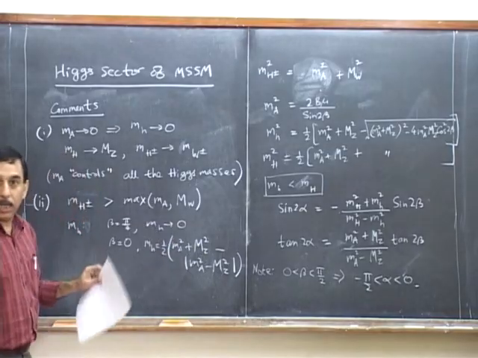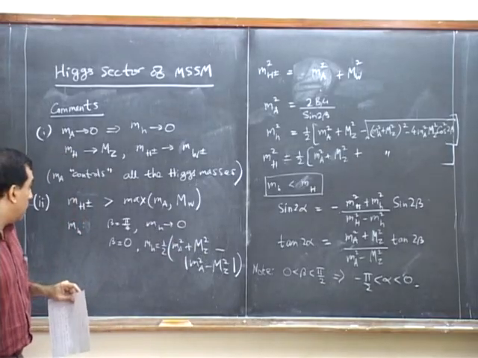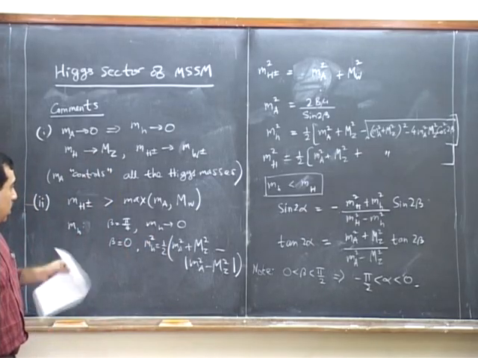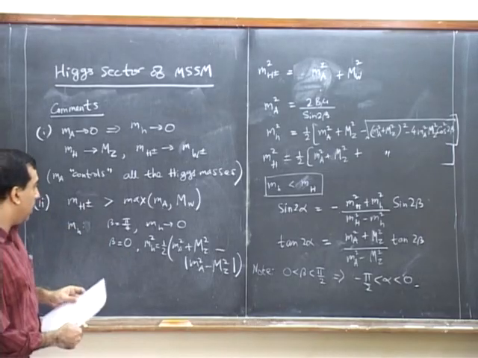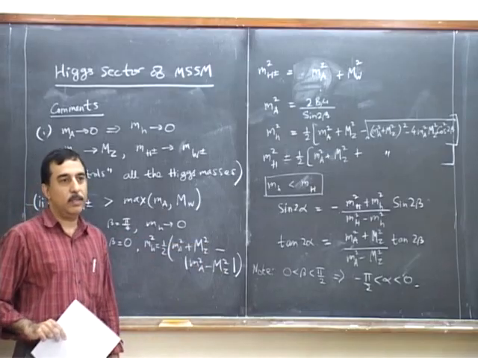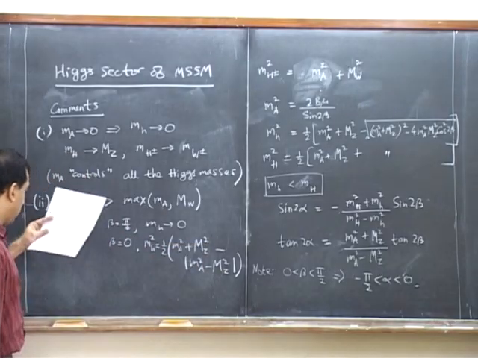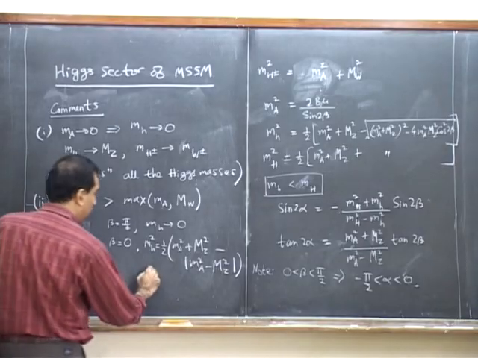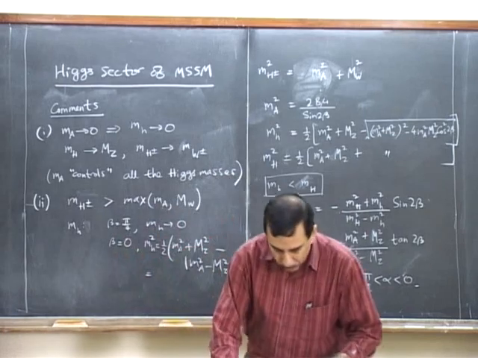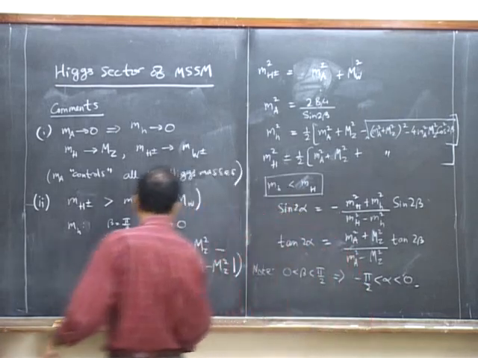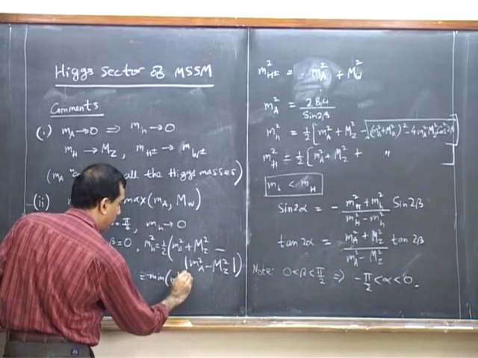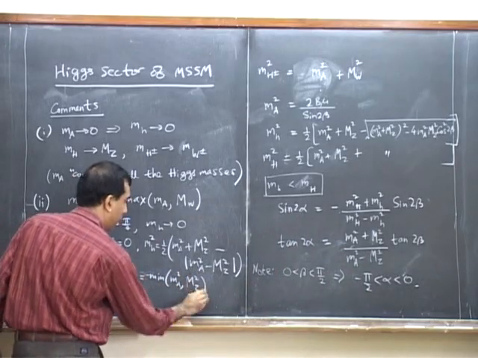This is Mh squared. So this is going to be, as I said, MZ squared if MA squared is heavier and MA squared if MZ squared is heavier. So it's the lighter of the two. So this is actually equal in this limit, it goes to the minimum of MA squared and MZ squared.